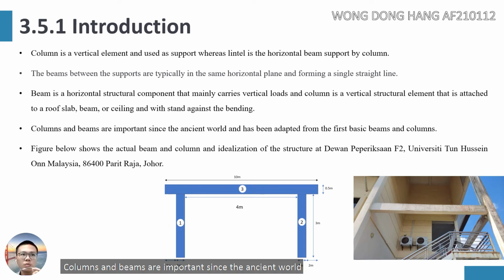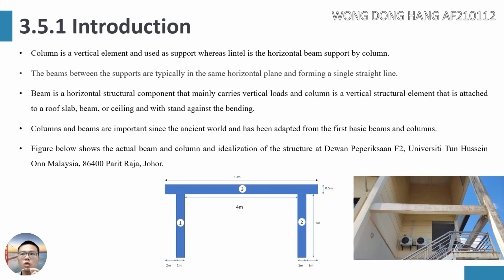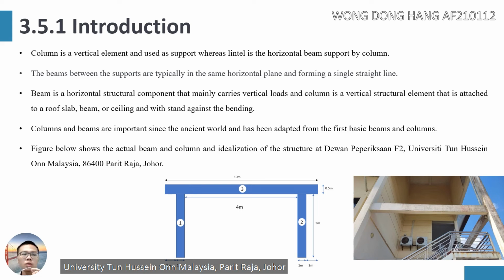Columns and beams have been important since the ancient world and have been adapted from the first basic beams and columns. The figure below shows the actual beams and columns and the idealization of the structure at Examination Hall F2, University Tun Hussein Onn Malaysia, by Raja Johor.